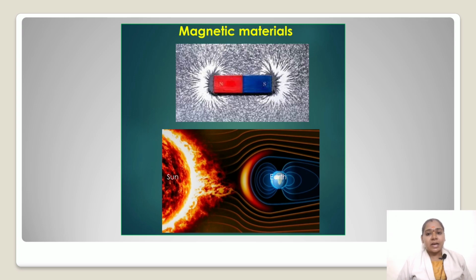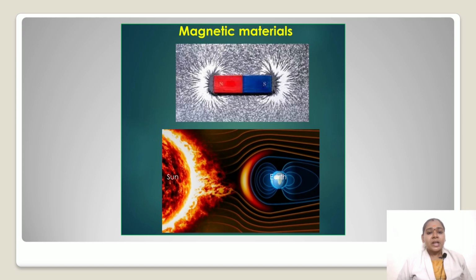If we consider the second image, this image represents the Earth's magnetic field and how it interacts with solar wind from the sun. The sun emits charged particles which are deflected by the Earth's magnetosphere. The Earth's magnetic field protects the planet from harmful solar radiation and plays a crucial role in navigation and atmospheric shielding.